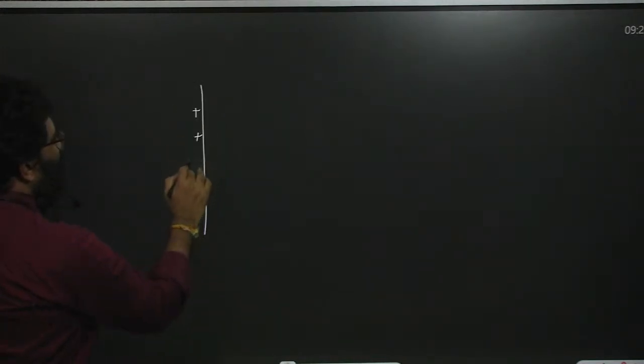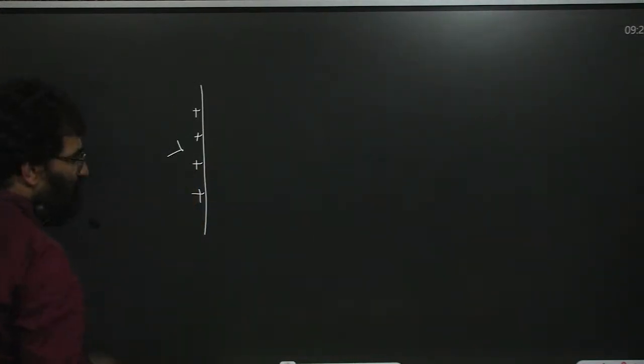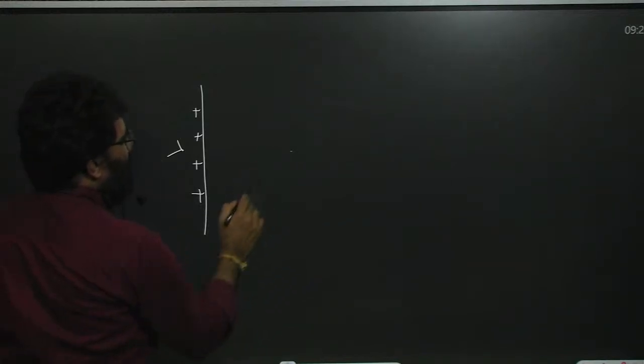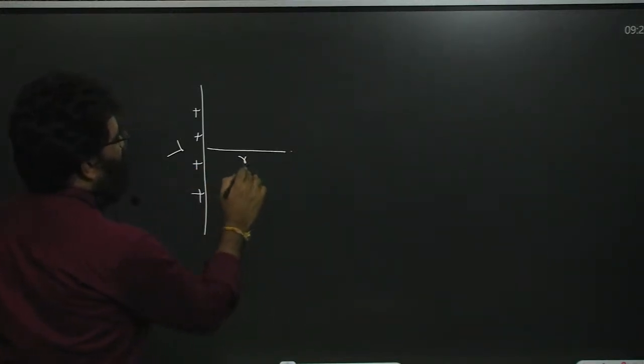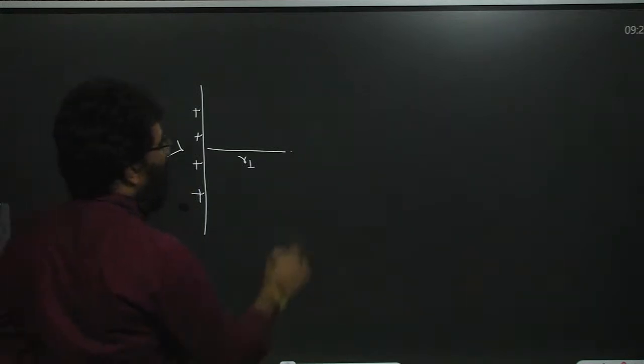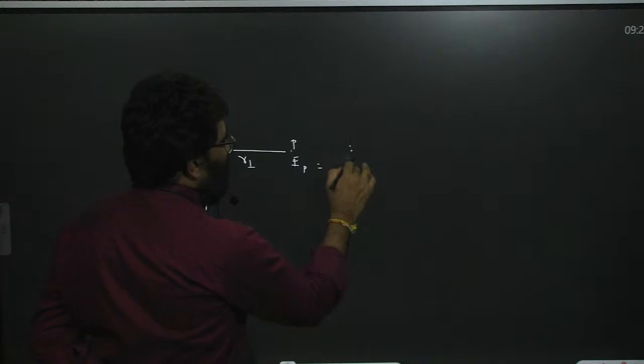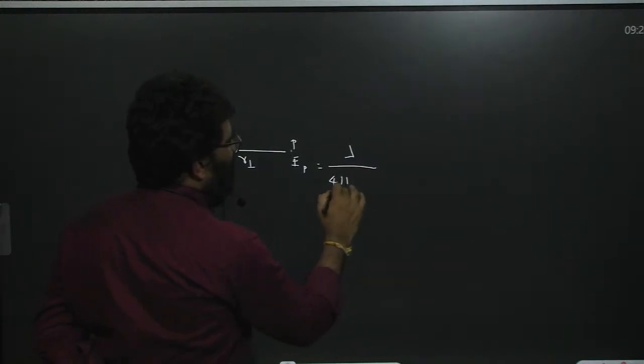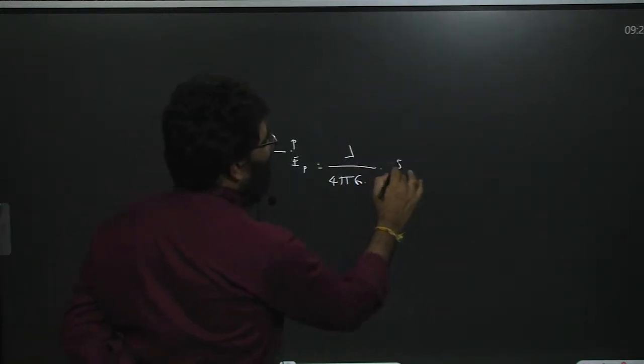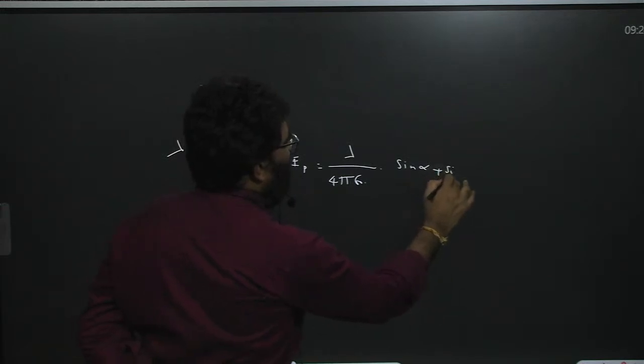So the field due to a line of charge at any point: lambda is given, which means charge per unit length. R is the perpendicular distance from the wire. So electric field at point P is equal to lambda by 4 pi epsilon naught r, times sin alpha plus sin beta.